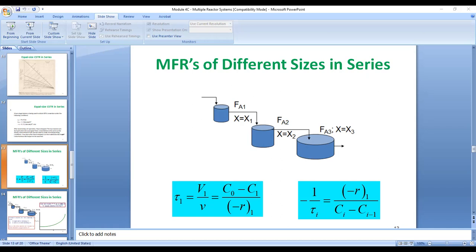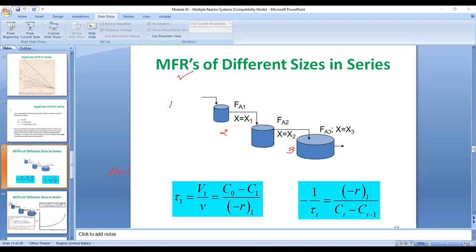So let's say, for example, in this illustration, you want to set up the performance equation just for this CSTR, the first one. So this is for n equal to 1. This is 1, this is 2, and this is 3. So this would be your corresponding performance equation.